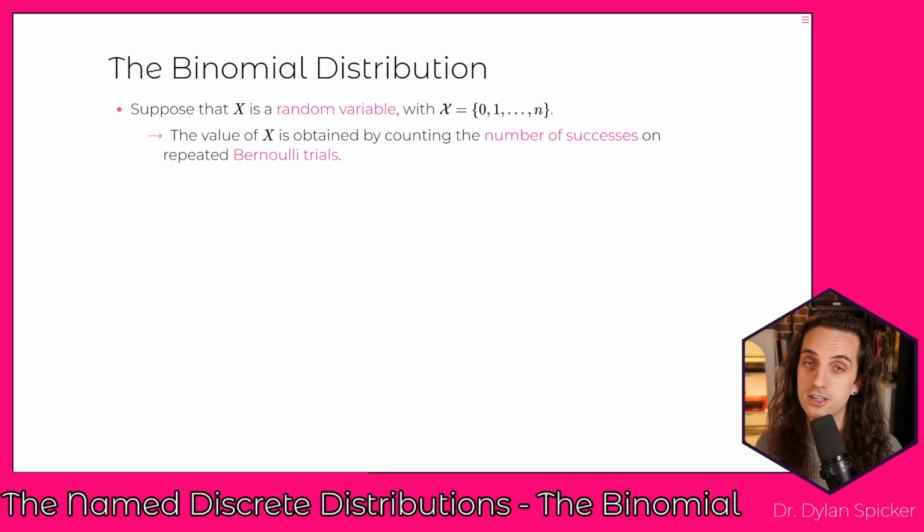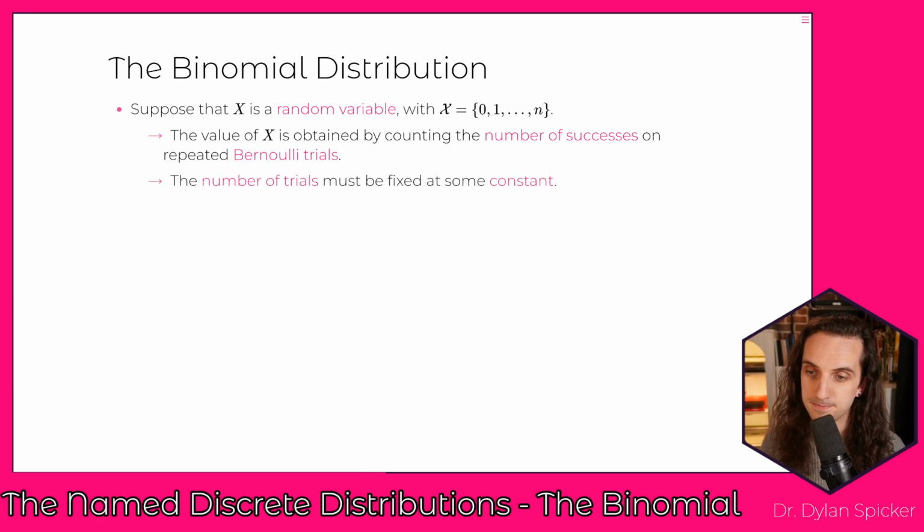We either get a heads or a tails, a success or a failure. And maybe what we want to do is count how many times we had successes. How many heads did we see if we flip the coin 10 times? The number of trials is going to be fixed at some constant, and in particular, it's going to be fixed at the constant n. So we know how many times we're performing the experiment before we start performing the experiment.